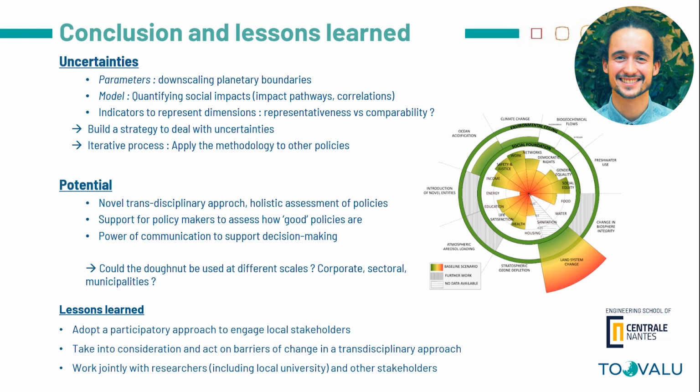Then it allows us to take into consideration different barriers of change, which are really important to consider when you assess transformational change. And it was also very useful to work jointly with researchers, including local universities, so students and researchers in Uganda, but also with other stakeholders such as companies and public stakeholders.